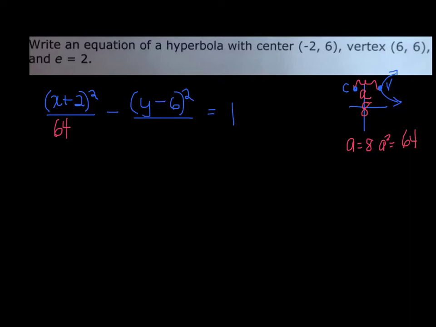Now the problem is I have no idea how to get b squared, but I do know that E equals c over a. So I'm going to plug in E equals c over a, and I can see that c is 16. So c squared is 256.